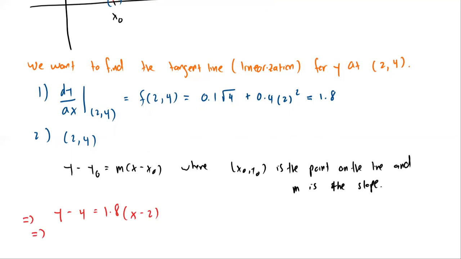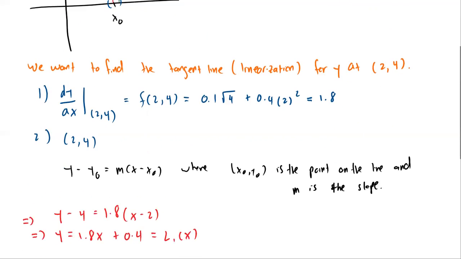If we solve for y here, and assuming I did that correctly when I was working this before, I get the line y equals 1.8x plus 0.4. And again, actually, let me call it L of x. Actually, L1 of x, because we're going to be doing this more than once.